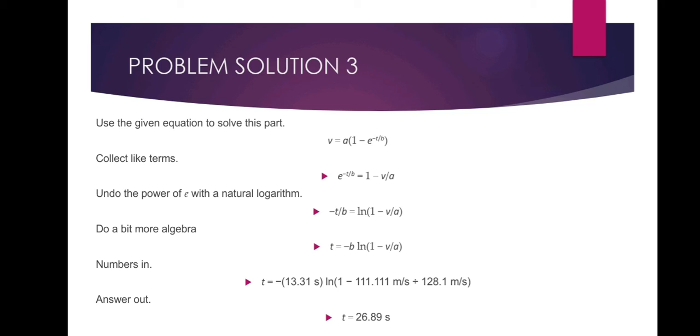Then we take the natural logarithm of both sides, which gives negative t over b equals ln(1 minus v over A), and then we do a bit more algebra: t equals negative b ln(1 minus v over A). Then we put in the numbers: t equals negative 13.31 seconds times ln, put in all the numbers, and then calculate the answer.